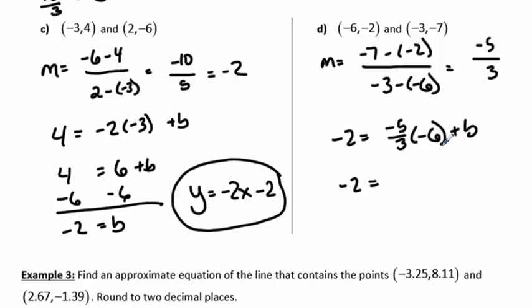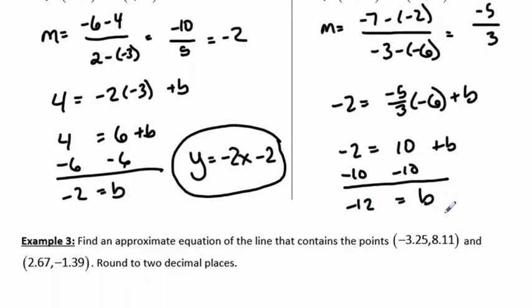So negative 2 equals, okay, I got two negatives, this is positive. 3 goes into 6 twice, 2 times 5 is 10. So negative 5/3 times negative 6 is 10 plus b. And we'll subtract 10 from both sides. So I have negative 12 equals b. My equation then is y equals negative 5/3 x minus 12.